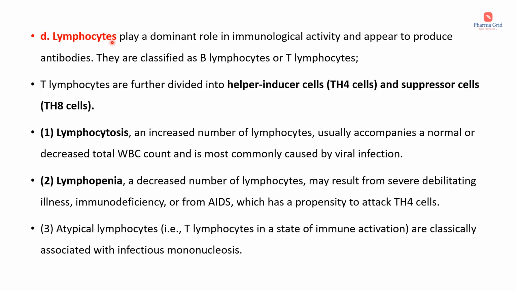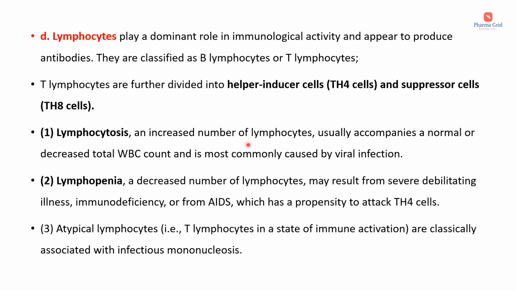Moving on to the next type of white blood cells, that are lymphocytes. These cells play a dominant role in immunological activity and appear to produce antibodies. They are classified as B lymphocytes or T lymphocytes. T lymphocytes are further divided into helper inducer cells, that is Th4 cells, and suppressor cells, that is Th8 cells.